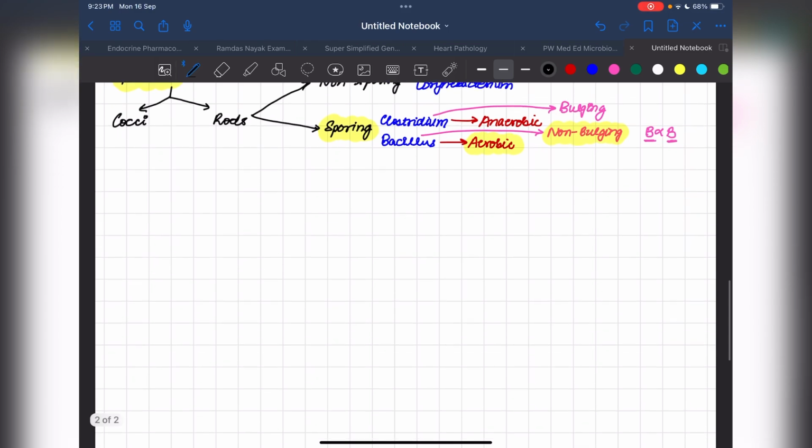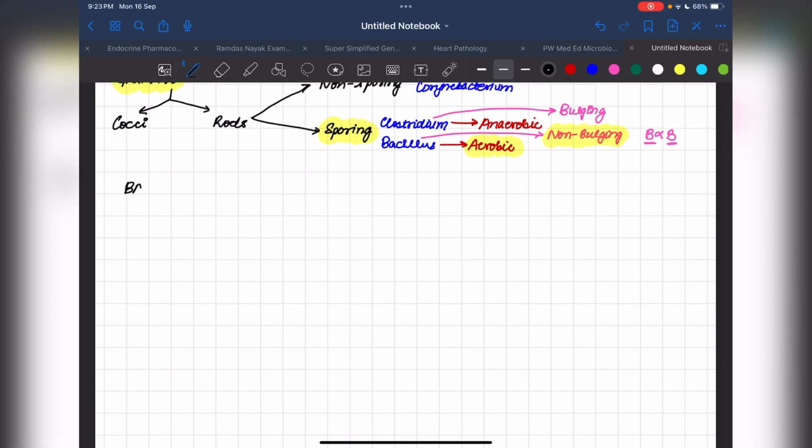Moving forward to Bacillus specifically. Bacillus is ubiquitous, found everywhere in soil, food, water, and air. The two main Bacillus we are going to talk about are Bacillus anthracis and Bacillus cereus.